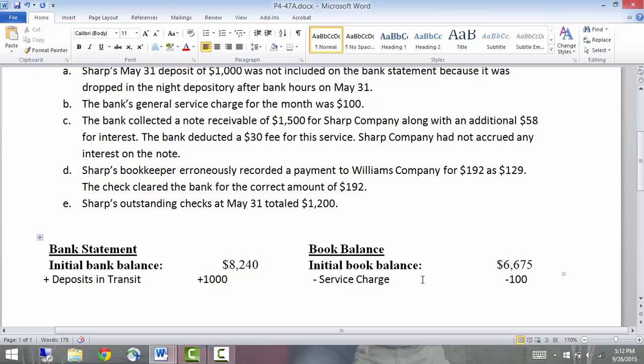So we have note and interest collected by bank. They owed it to us, but they paid our bank instead.